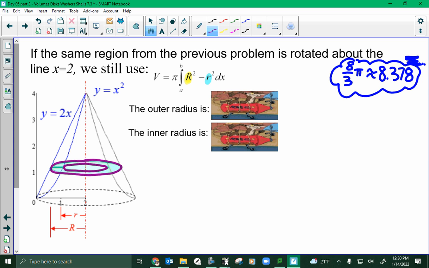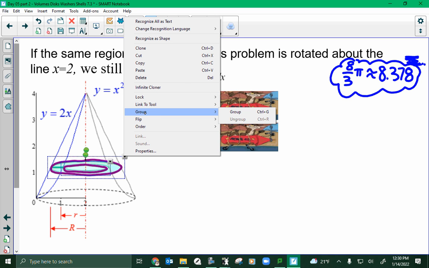Now, it's not around the x or y axis. I can't say it's revolving around the y-axis, so I'm going to use y's and dy's. But they say look at it as horizontal, because horizontal will be revolved around the y. This is what I do. Let's group it so it moves together.